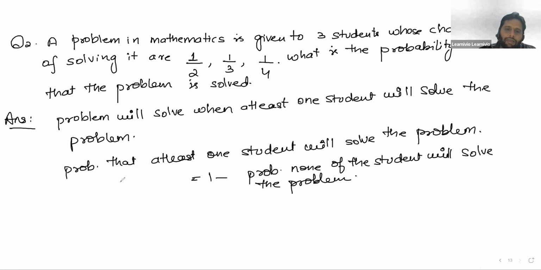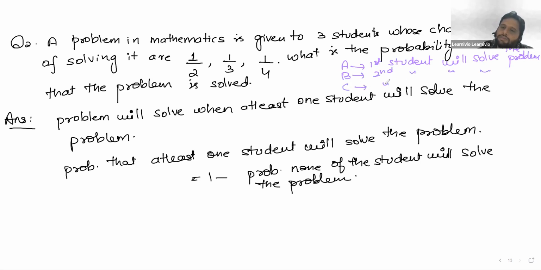I don't have the space, so let A be the event that the first student will solve the problem. B is the event that the second student will solve the problem.